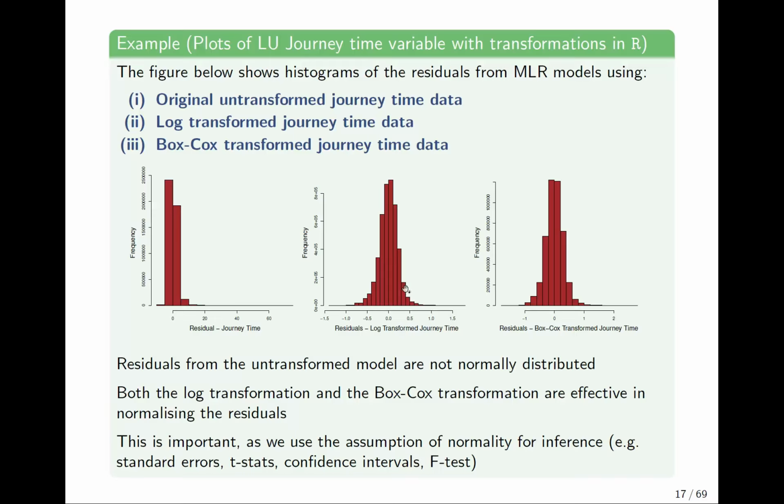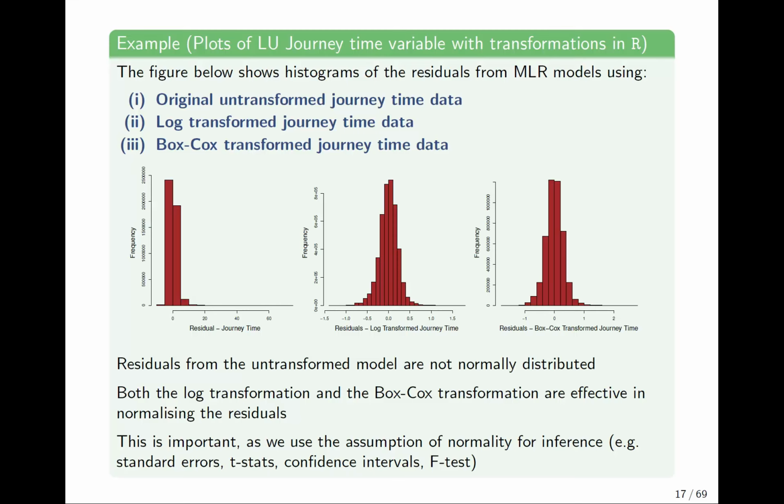However, both the log transformed and the Box-Cox transformation are effective in normalizing the residuals. You can see we get these very nice, symmetric, normal-looking Gaussian distributions. The Box-Cox version in particular looks very close to a normal distribution. And this matters because, as I said, if we use the assumption of normality for inference, then we've got to get this right.